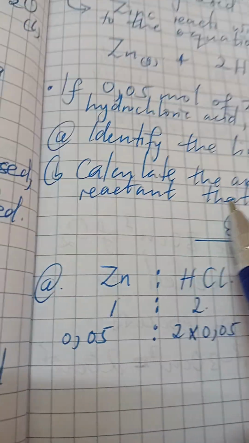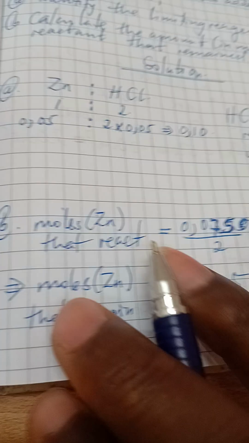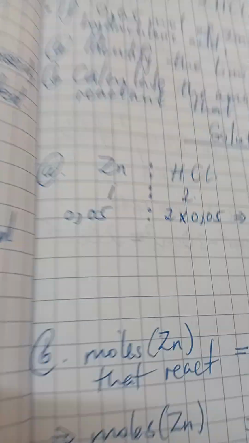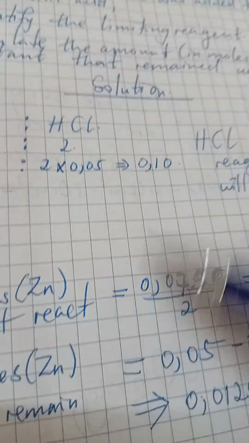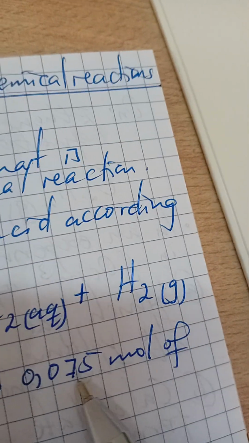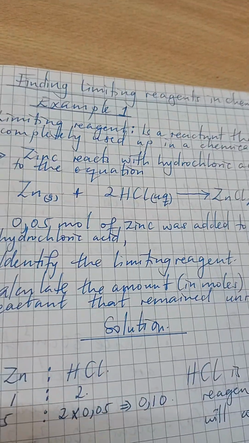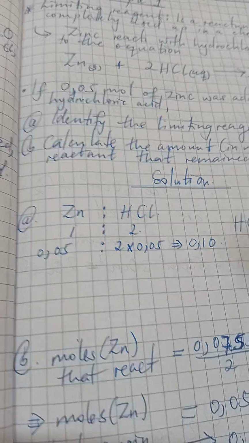Then we move on to part B. We are asked to calculate the amount in moles of the excess reactant that remained unreacted. So we need to find out the number of moles that remain unreacted. So first of all, we need to find the moles that participate in the chemical reaction. So when they add 0.075 mol of hydrochloric acid, the number of moles of zinc which will react is half the number of moles of hydrochloric acid which completely reacts.